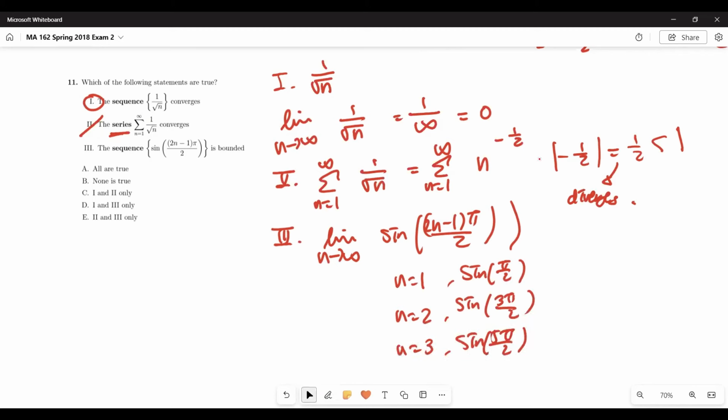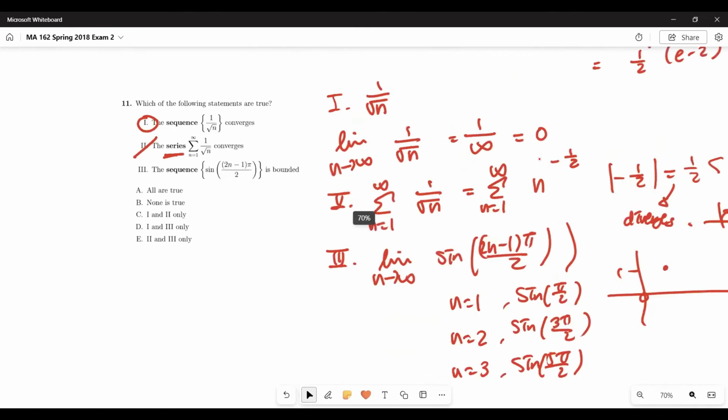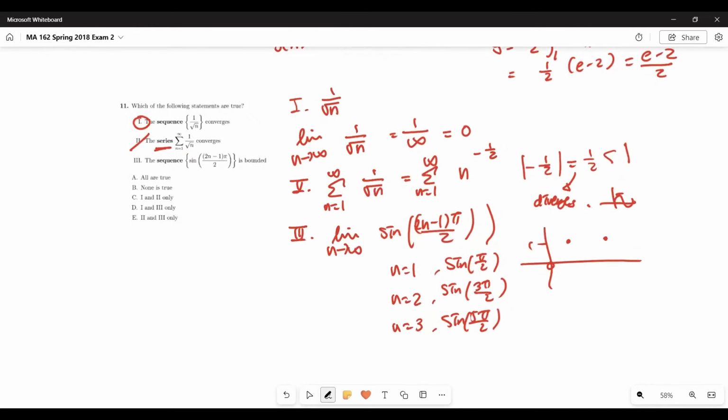Sine pi over 2 is 1. Sine 3 pi over 2 is also 1. Sorry, and sine 5 pi over 2 is also 1. So it's like zigzag, zigzag. So it is bounded from 0 to 1. So 3 is right. So the answer for this question is D.